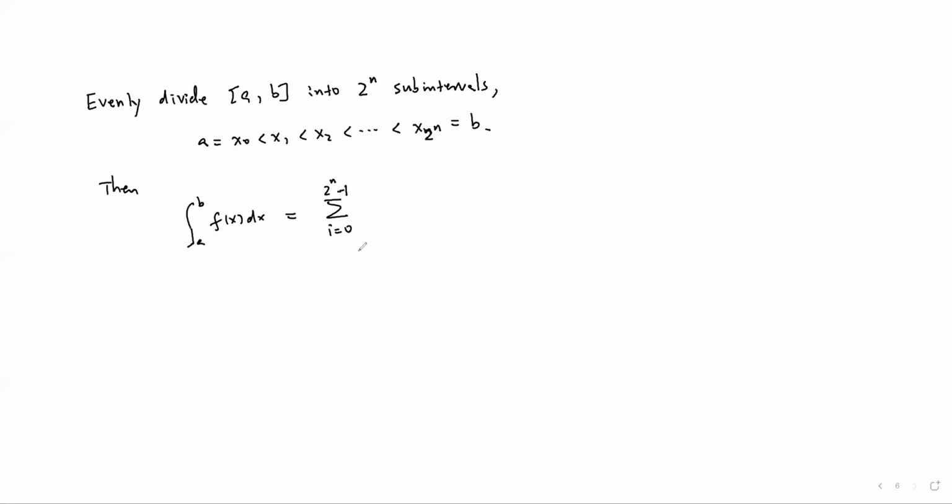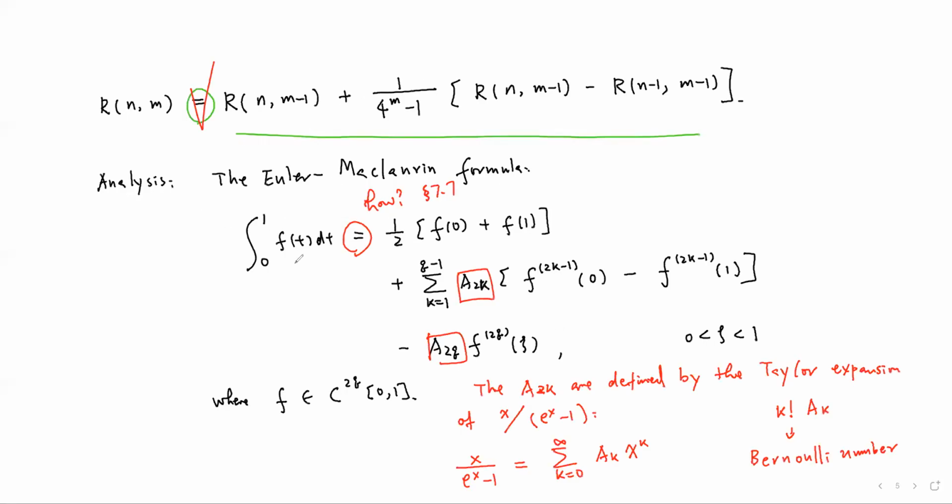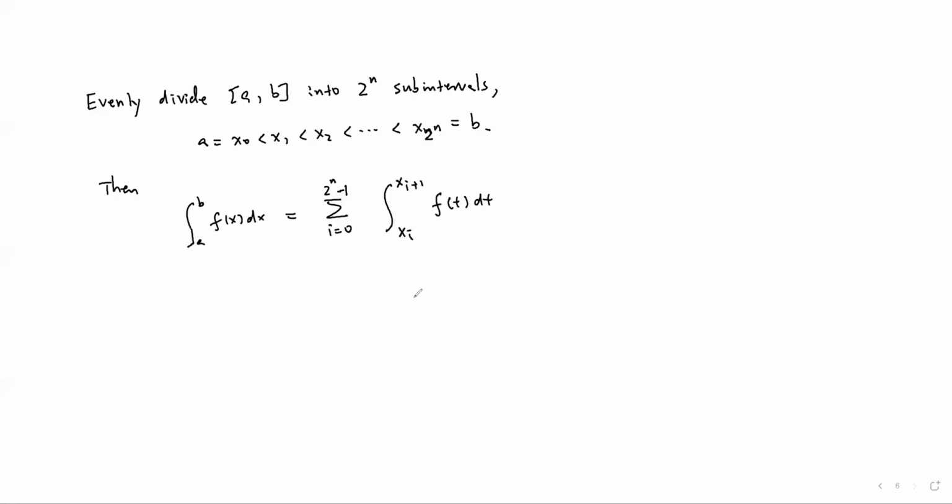This is not the power n minus 1, but 2 to the n, then the number minus 1. The integral from x_i to x_{i+1}. How about I use t here, because the Euler formula uses t. Now, for this integral, make a change of variables.